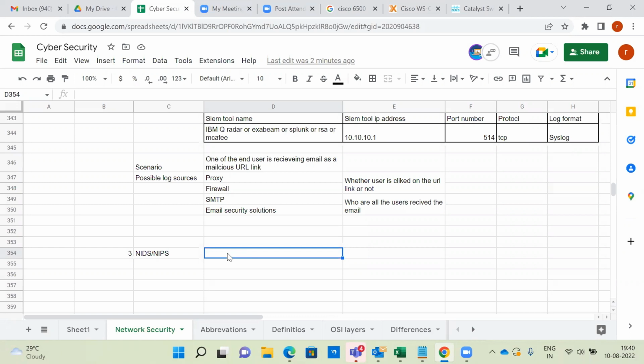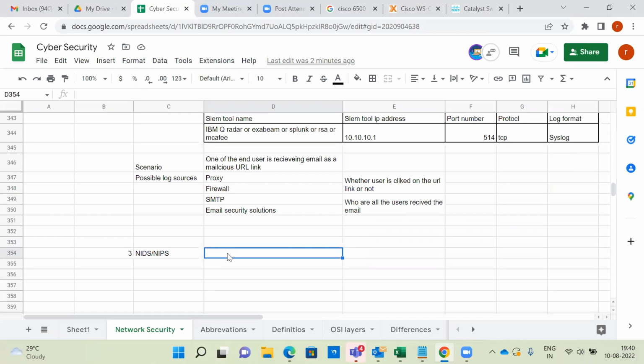NIDS we can compare with any other tool. NIDS, not NIPS. SIEM tools, excellent, that's correct. Even a SIEM tool is only a monitoring tool. It will not block. NIPS, or an IPS tool, can we compare with any other tool?